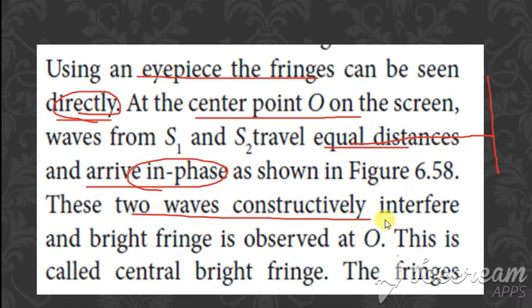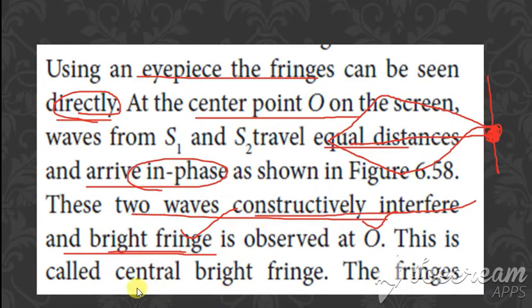The two waves interfere constructively and a bright fringe is observed at O. From this point it comes straight to O and this point appears as a bright point. That is constructive interference, and that point is said to be the central bright fringe because it is formed at the center.